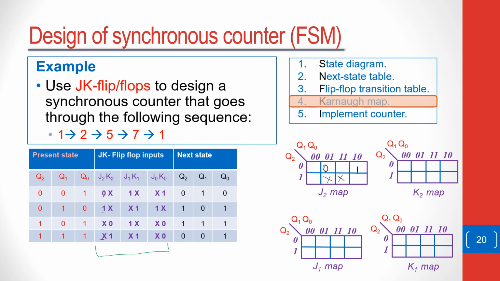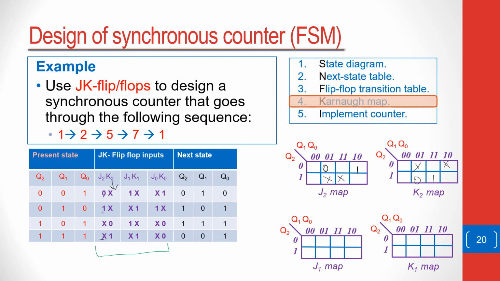And then for K2, at 001 we have a don't care, and at 010 we have a don't care as well. This is the column we are talking about here. Then the next one becomes a 0 and a 1.